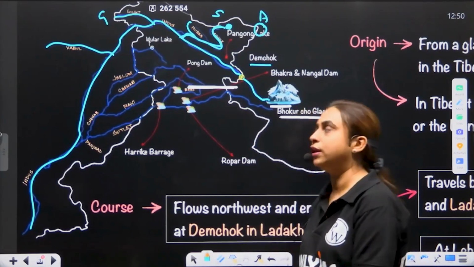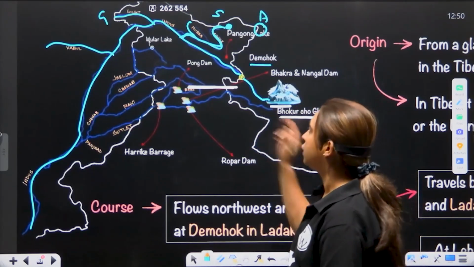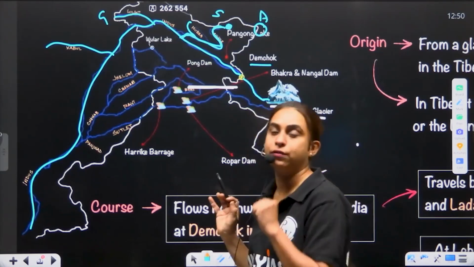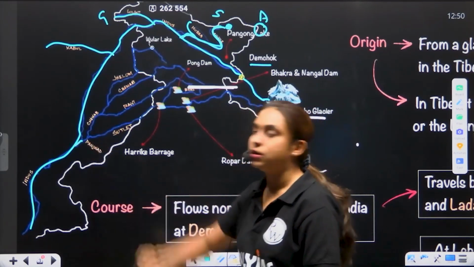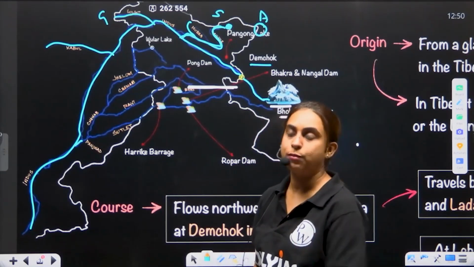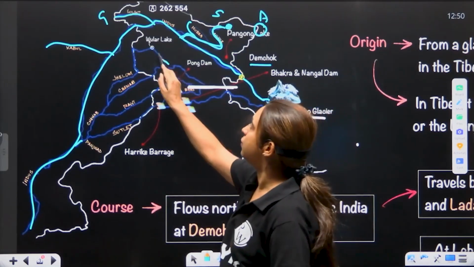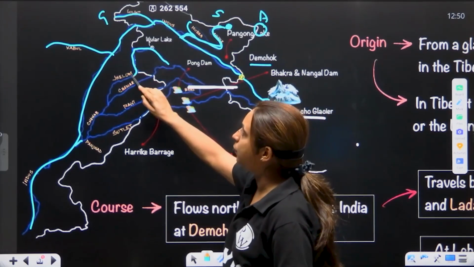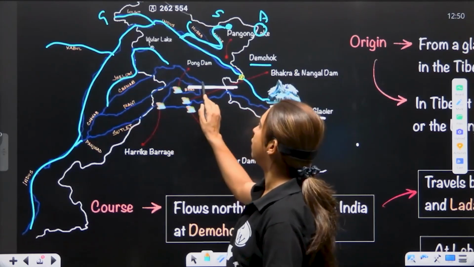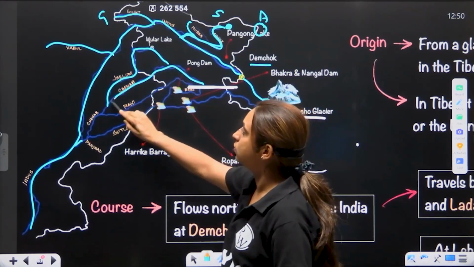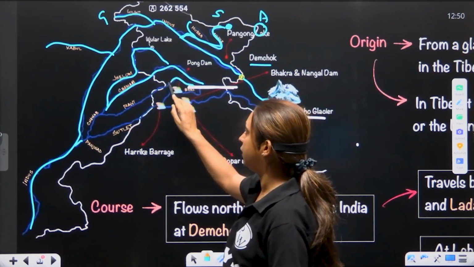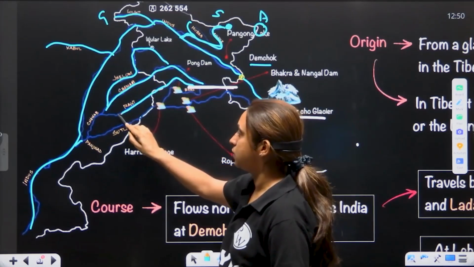If I talk about the left bank tributaries, on the left bank you have 5 major rivers which join and become Panjnad. So the 5 major rivers on the left bank, you have Jhelum, Chenab, Ravi, Beas and Sutlej. So this is your Jhelum River, forming the border between India and Pakistan. You can see you have a Chenab River, okay, which is in India and then flows towards Pakistan.